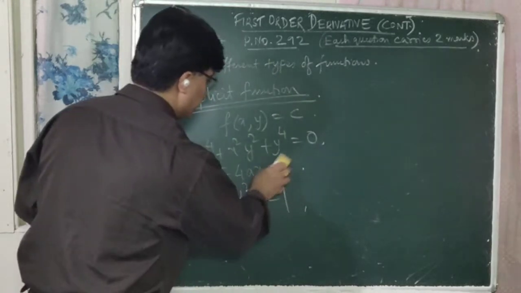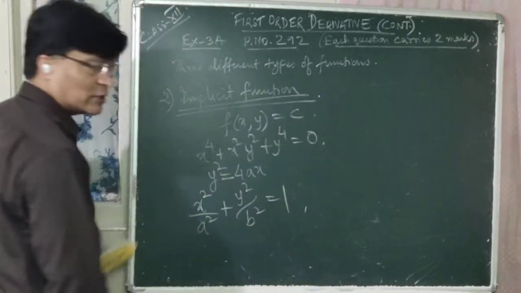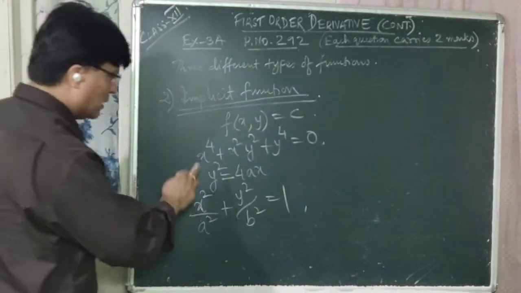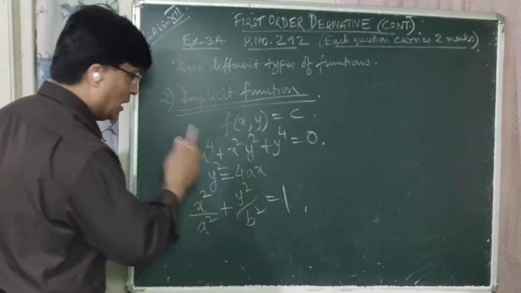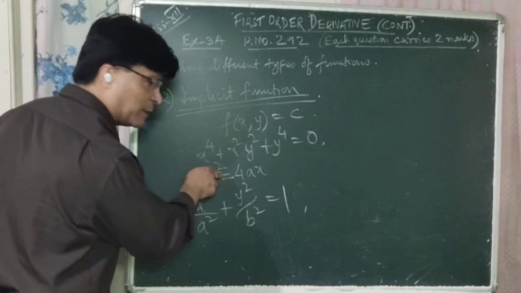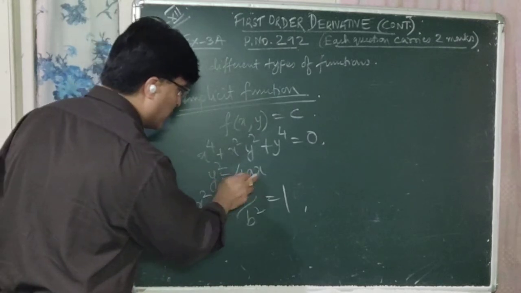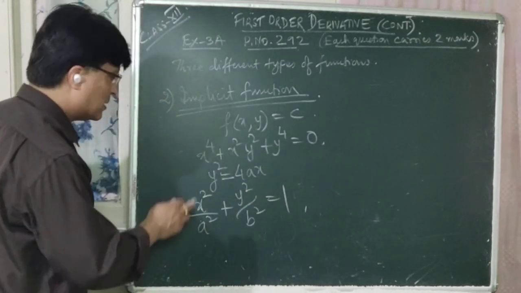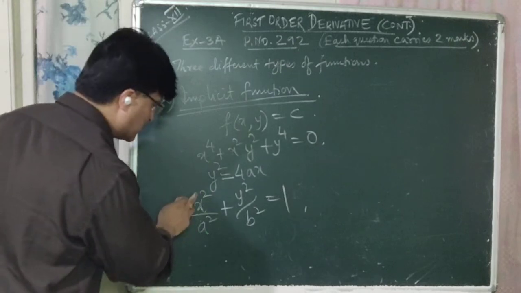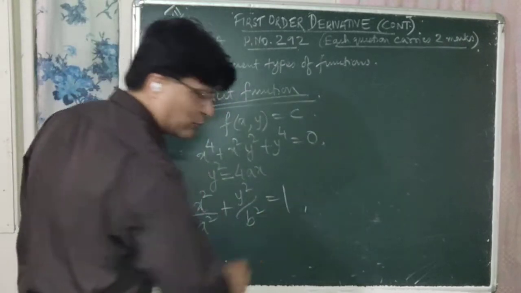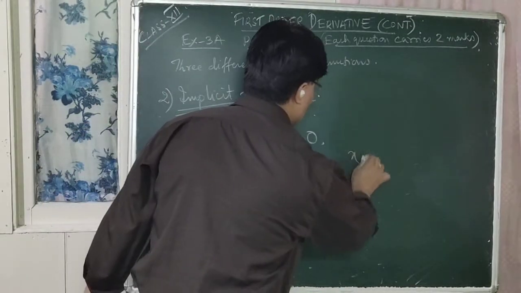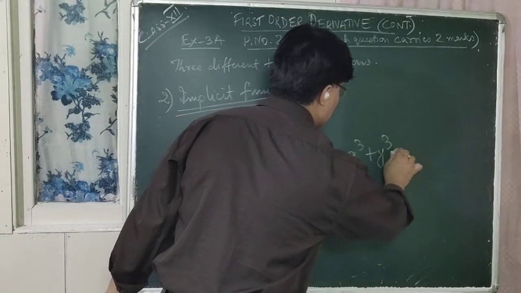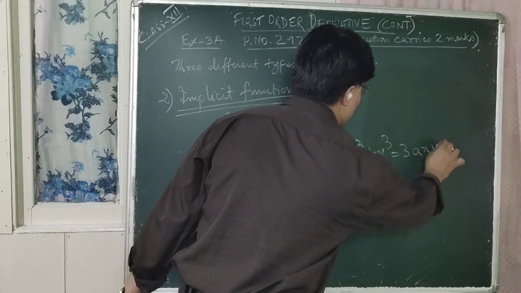it may be y square is equal to 4ax. If the relation between x and y is given by this equation, that is y square is equal to 4ax, or the next example, x square by a square plus y square by b square is equal to 1. There is another example, that is x cube plus y cube is equal to 3axy.